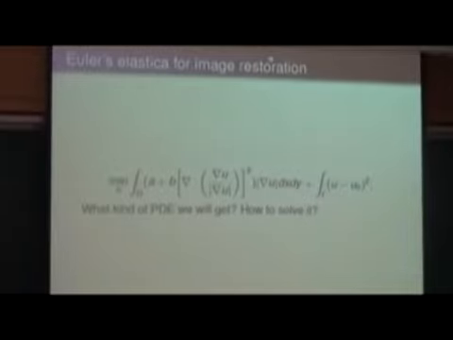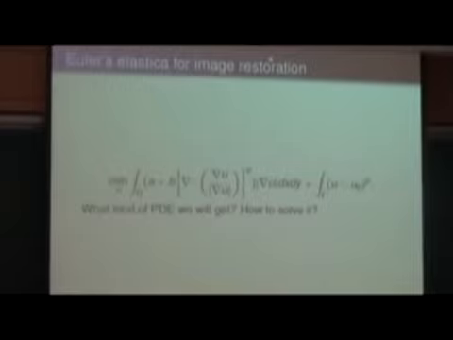I think the elasticas, to introduce elastica for image processing, I think it can be traced back to a very old paper by Mumford with two collaborators. I think later, the French people, what was the name, Masnou, they used elasticas for inpainting.